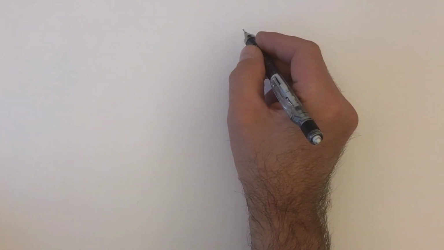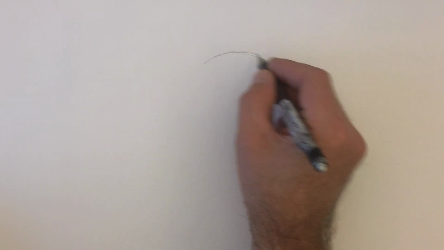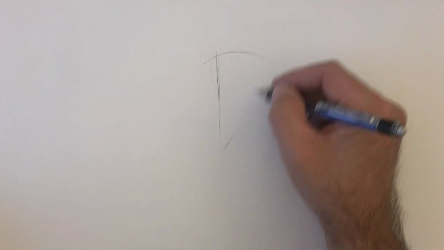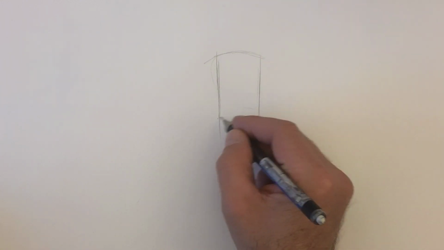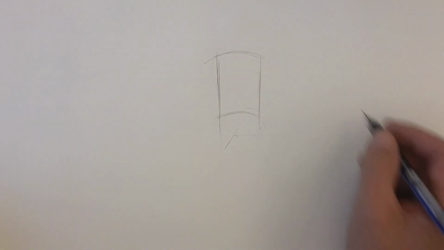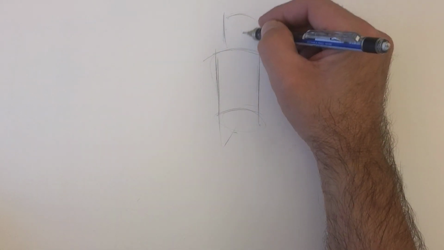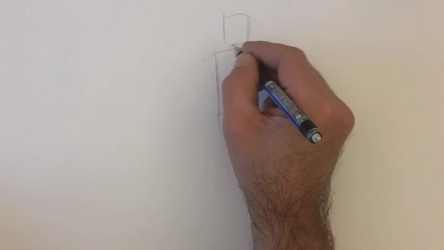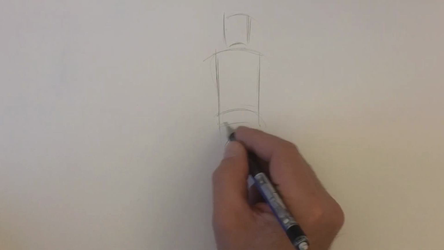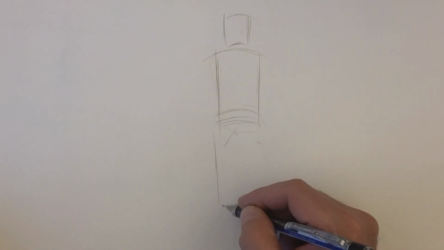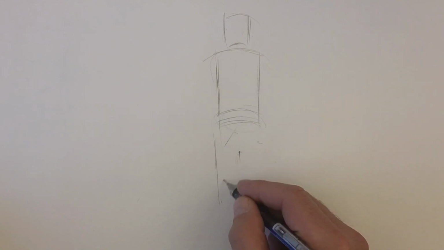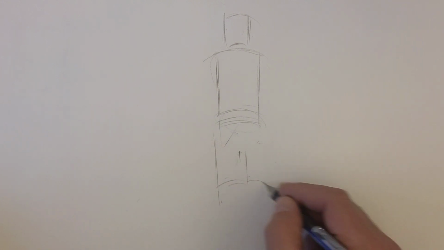So I'm going to draw a giant, and in order to draw this giant, I'm going to use the basic shapes that we've been using. Bunch of cylinders.